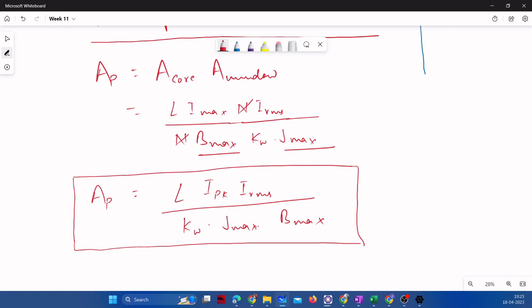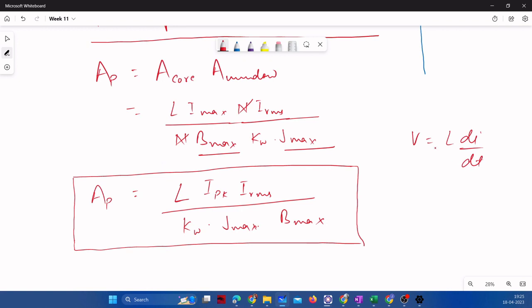So frequency is indirectly incorporated in the inductance value. Inductance, we have seen, was a function of frequency. If you recall from the buck converter or any kind of converter, the inductance parameter, V is equal to L di by dt.